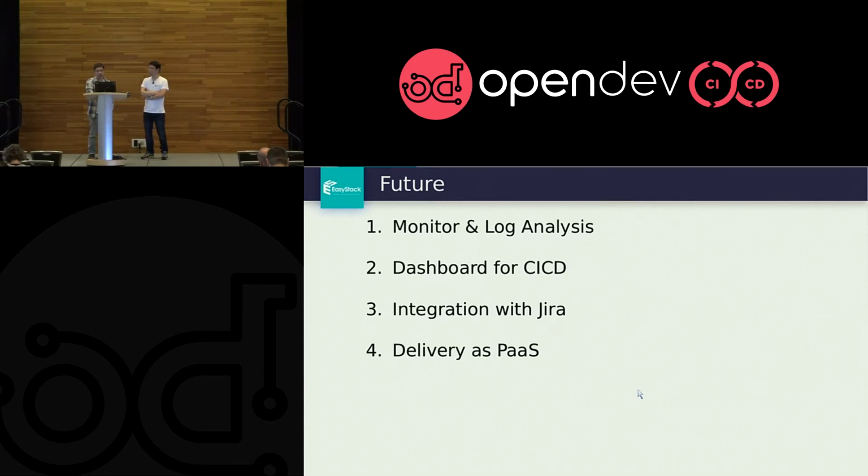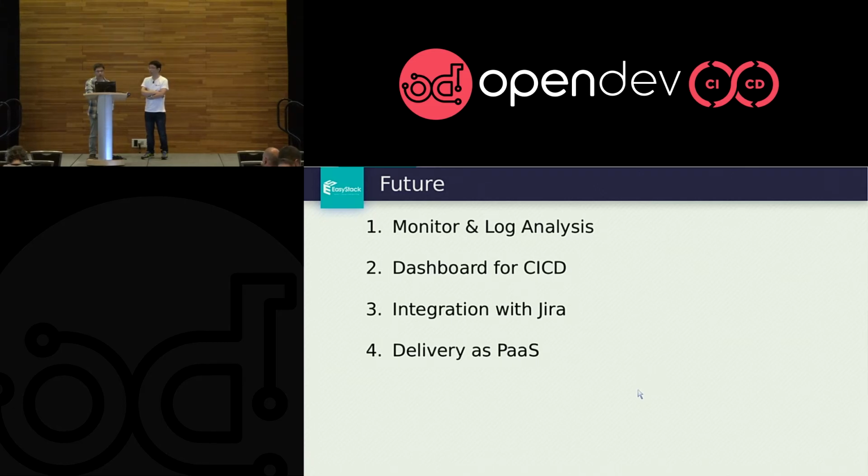Log analysis is a main function for our CI/CD. As we expected, we want to build a log analysis system with Logstash and Elasticsearch, which will analyze the logs automatically and file bugs to our Jira automatically.